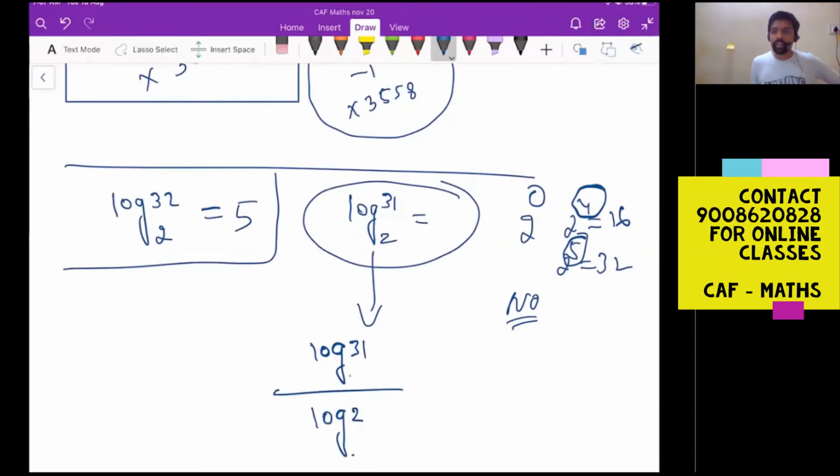Okay. So now tell me how to find out log 31. Type 31, square root button, how many times? 13 times, minus 1 into 3558. Do this math and then tell me.